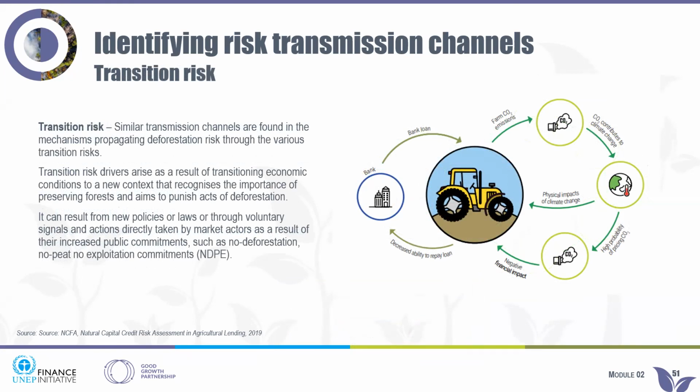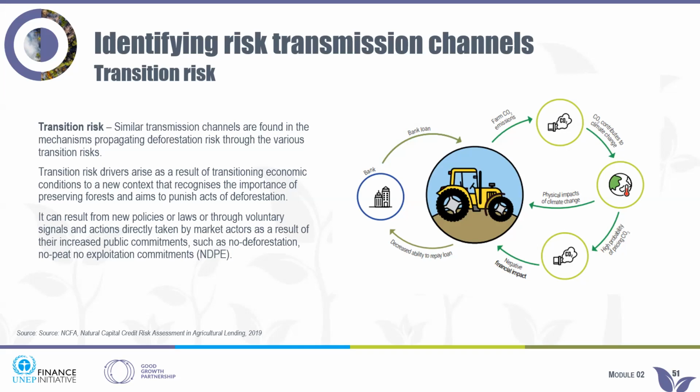So transition risk drivers arise as a result of transitioning economic conditions, realizing a new context that recognizes the importance of preserving forests and is increasingly keen to punish acts of deforestation, either through new policies, as we've seen during the section that Lara presented, or through voluntary signals and actions directly taken by market actors as a result of their increased public commitments, such as the no deforestation, no peat, and no exploitation commitments.